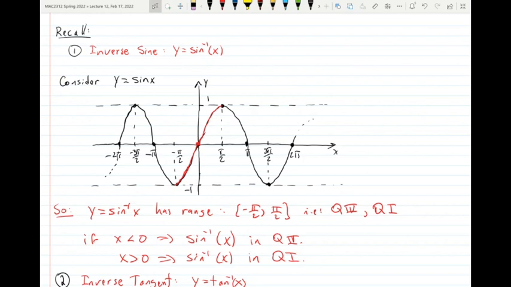That's the reason why we use 0. Then you move to the right, going all the way up to x equals pi over 2. If you pass pi over 2, we go down and we lose the 1 to 1 property, so we stop there. But then we can also go back and get into quadrant 4. There is no need to avoid this piece right here, and that's why we take the piece down. So basically it's from negative pi over 2 to pi over 2. That's the restriction that we make. Now you can ignore the rest of the function, and that would be a perfectly 1 to 1 function.